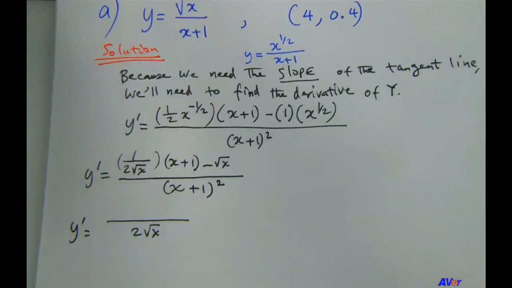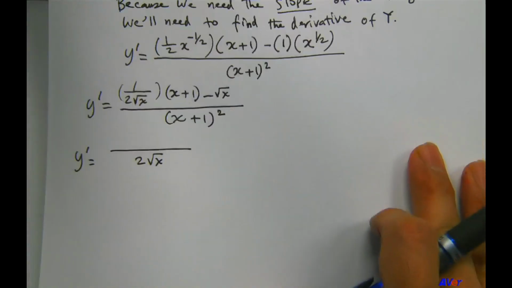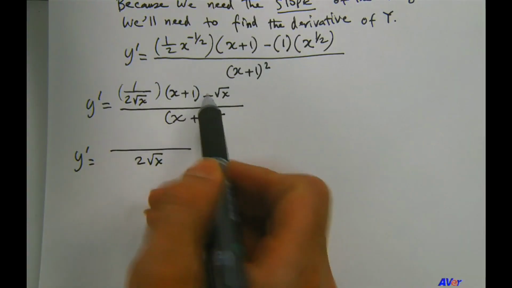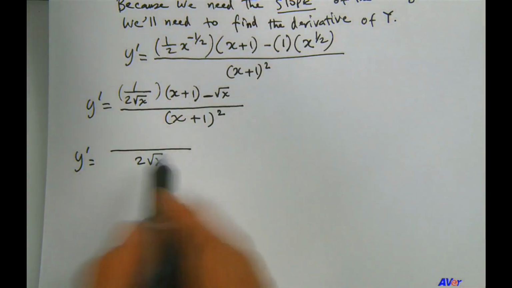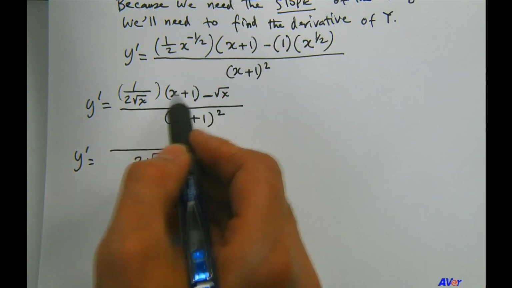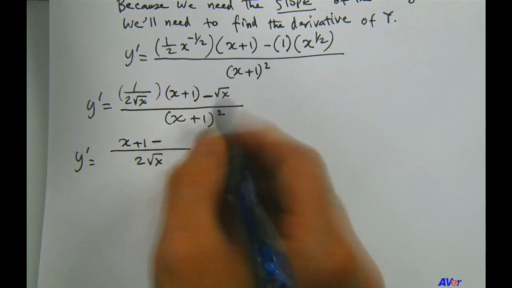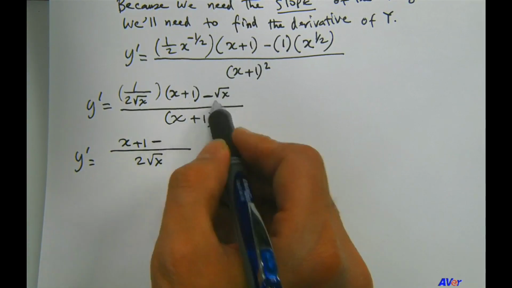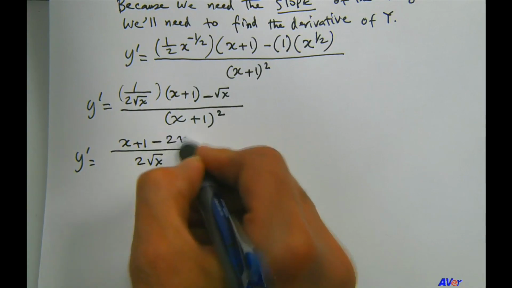So y prime would be equal to 2 square root of x, taking the... let me move this up a little bit, like that, because we're going to need to take the common denominator between this and that. So then we have, of course, x plus 1 minus square root of x times that would be minus 2x, like that.